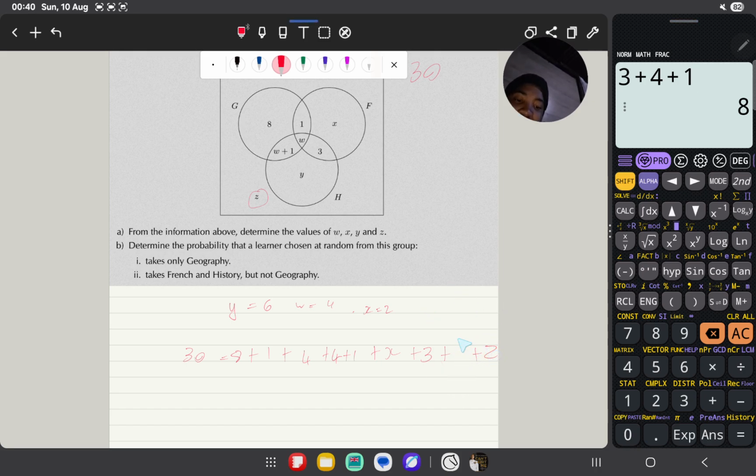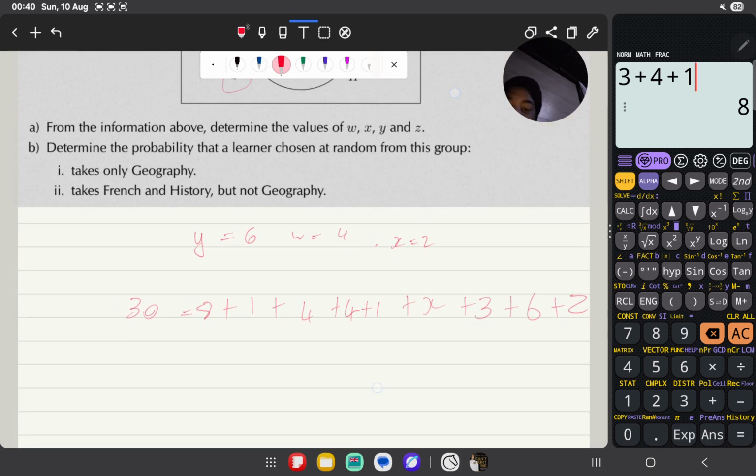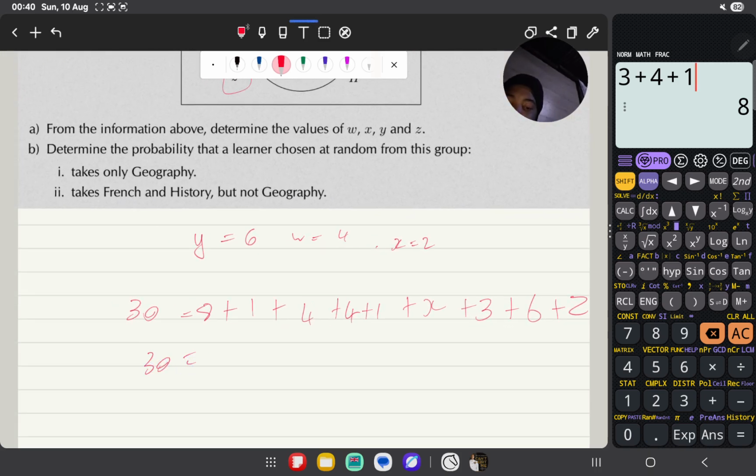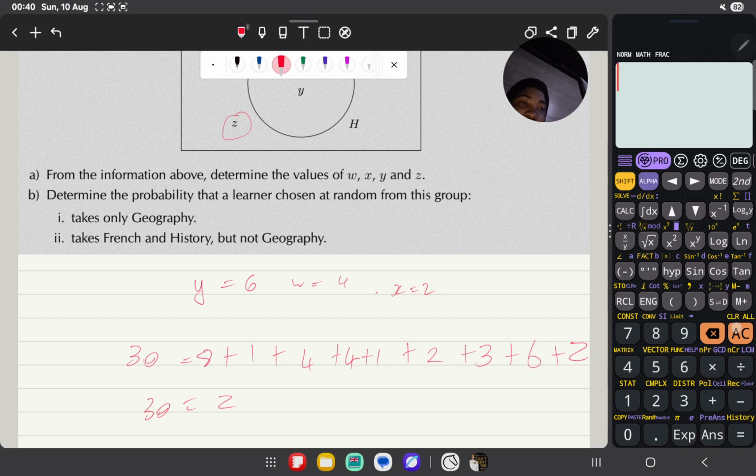I have x, I have 3, and then I have y, which is 6, and z, right? 30 equals, it's going to be z. Oh, and also I know x to be 2. So I have 8 plus 1 plus 4 plus 4 plus 1 plus 2 plus 3 plus 6.